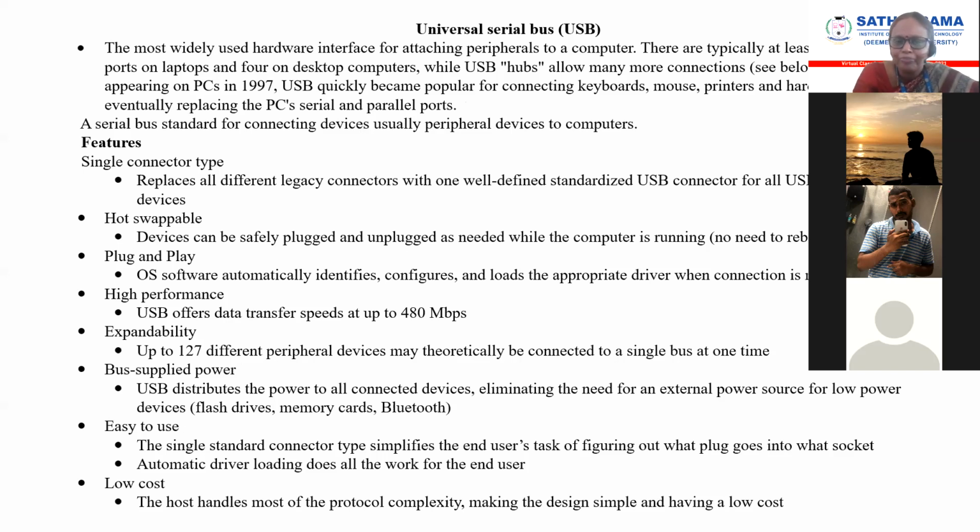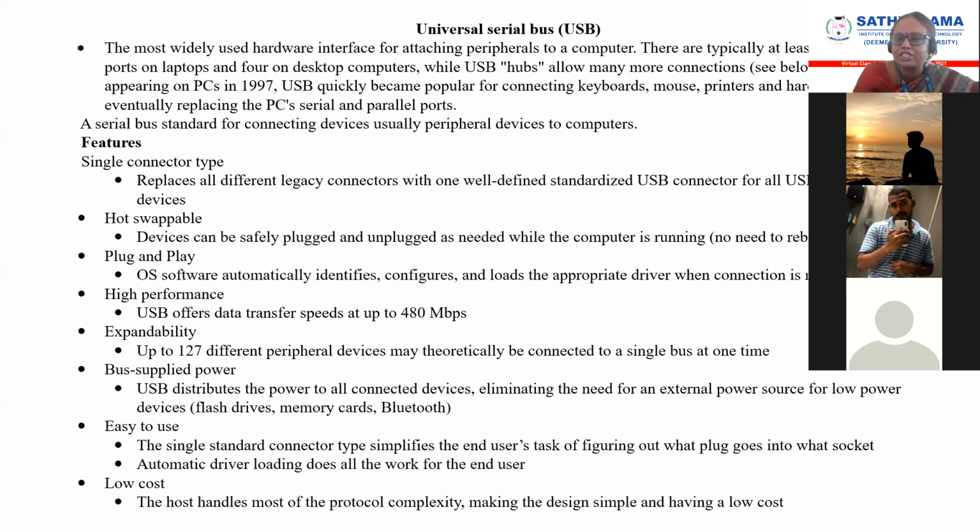So it was developed at a very late period, but application-wise and performance-wise, USB is very important in serial communication protocols, and it is used to interface the peripherals to the computer.